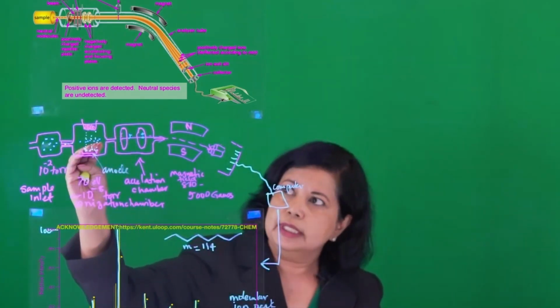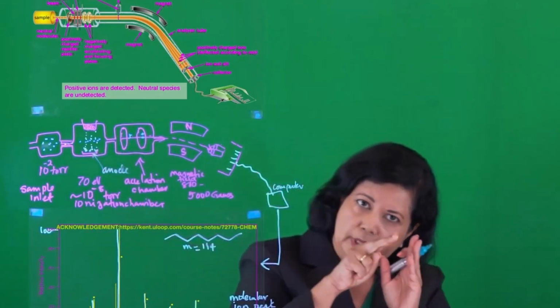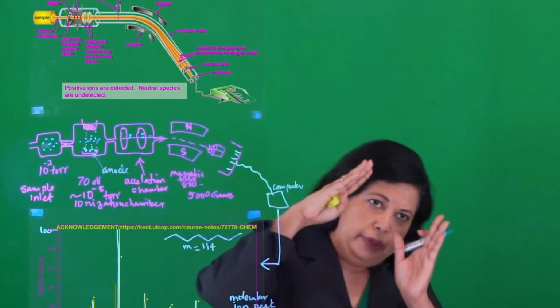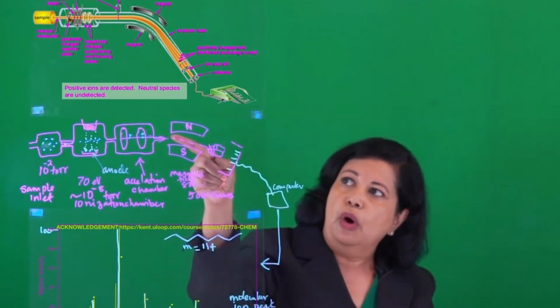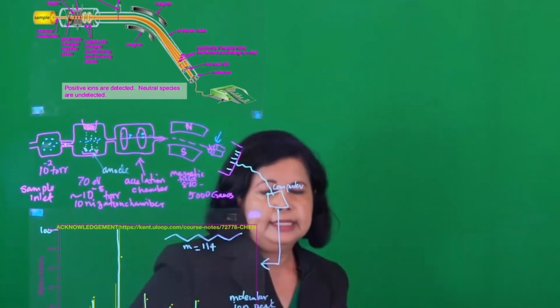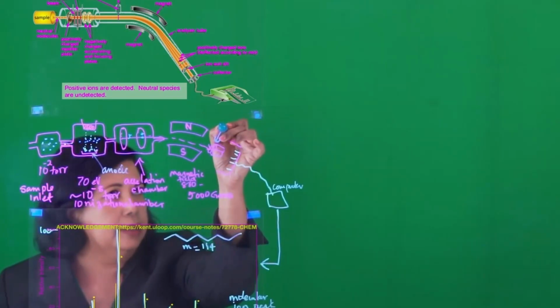All these fragments are then going to get accelerated through the machine and focused into a magnetic chamber, where you vary the magnetic field to make sure all of those fragments hit a mass analyzer. So that's a quadrupole mass analyzer here.